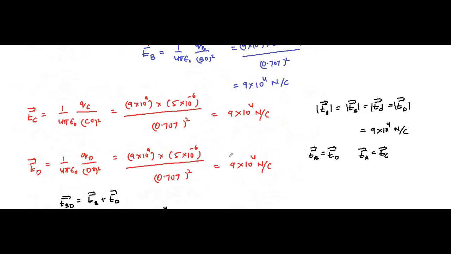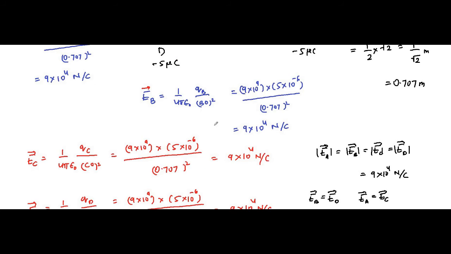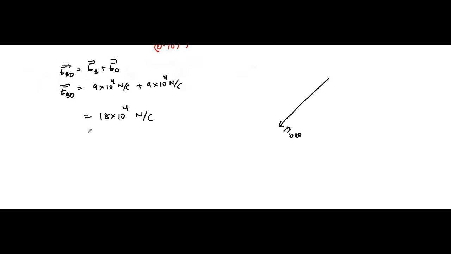Please pay attention here. It is like this. EBD vector, the resultant of B vector and D vector. Similarly, EAC vector, the resultant of A vector and C vector, which are in the same direction, is equal to EA vector plus EC vector. Same, 18 into 10 to the power 4 Newton per Coulomb. That is this direction.